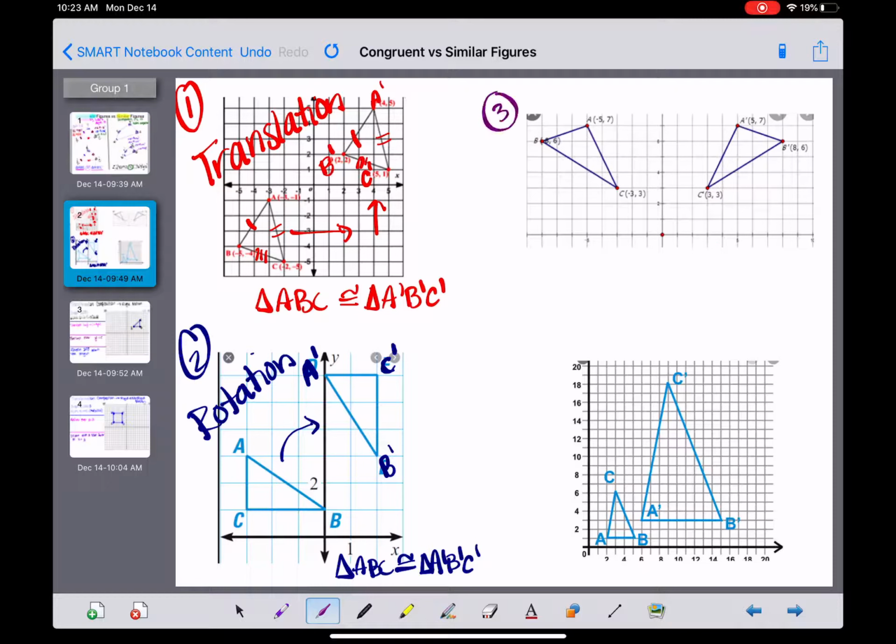Example number 3 is a reflection. We are reflecting about the y-axis. Once again, the triangle's figure did not change, it just moved. This is another example of congruency. Triangle ABC is congruent to triangle A prime, B prime, C prime.